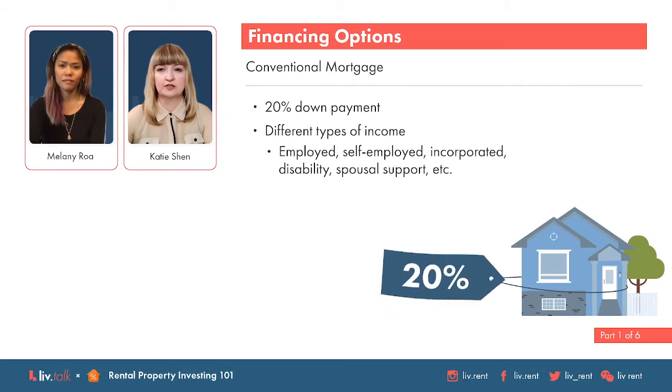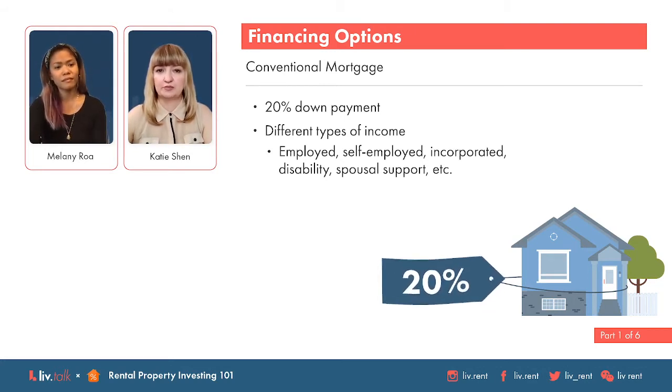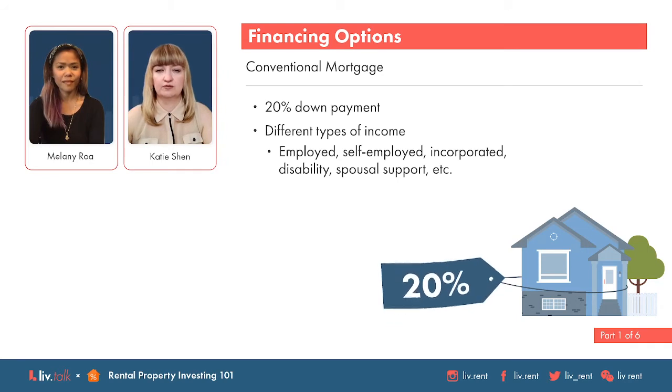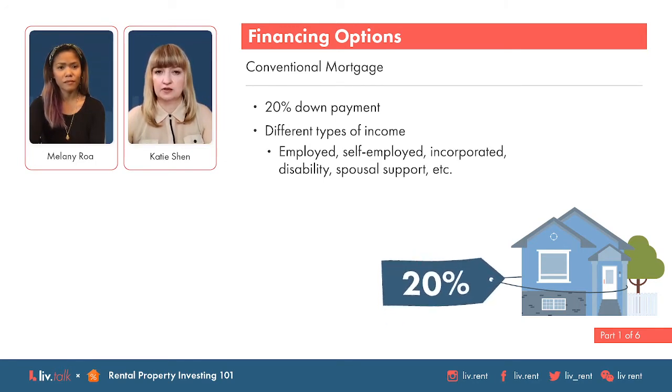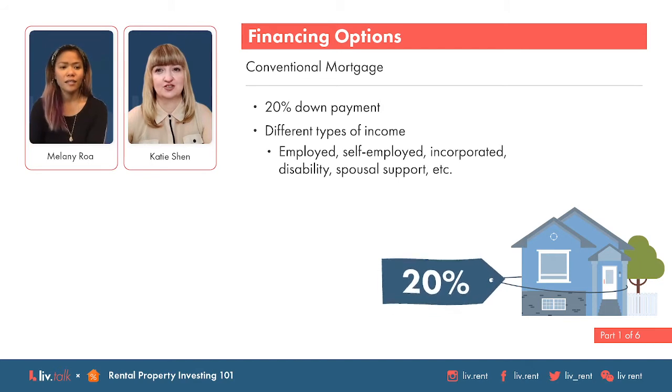Salaried, or we also call it employed, and self-employed, in spite of the common perception that self-employed professionals are not eligible. It's not quite accurate. They also can qualify, and there are programs for that too. They also can qualify for a high ratio mortgage. Incorporated income is also considered eligible: long-term disability, spousal support, and rental income. That's just in a nutshell.